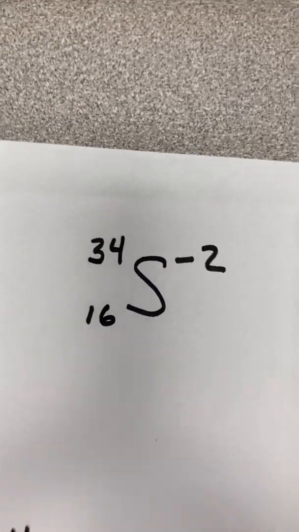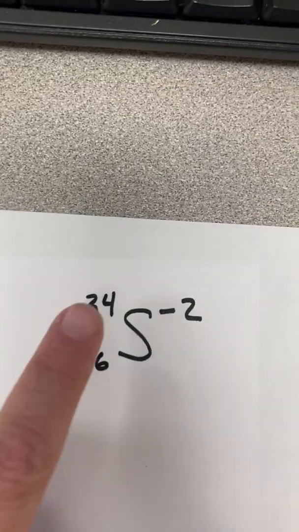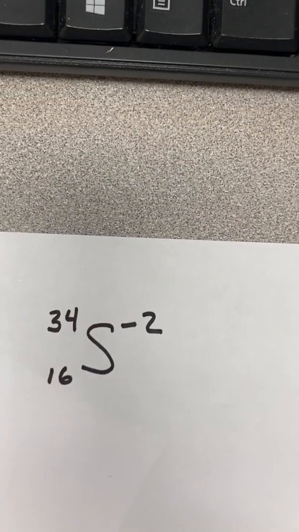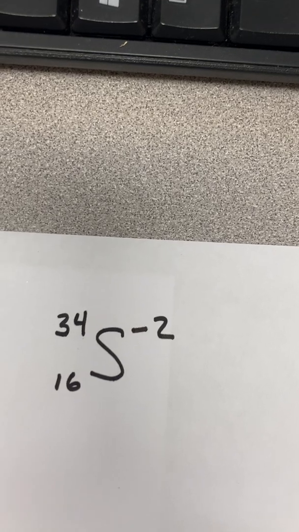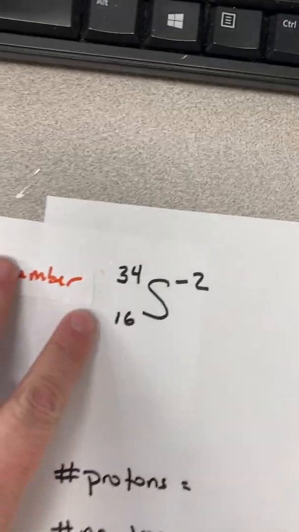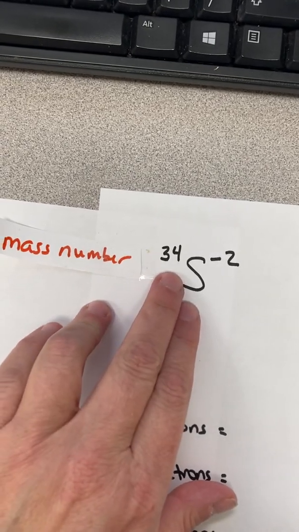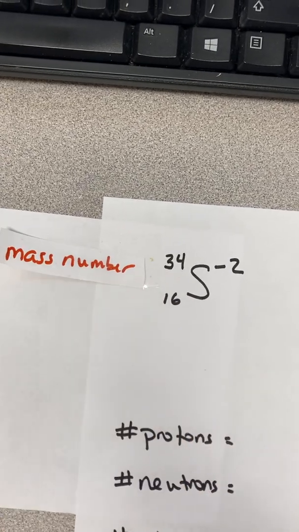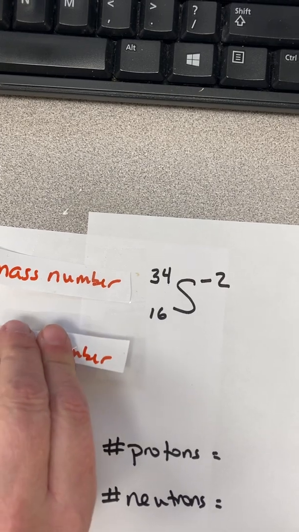So what do these numbers mean? Okay, this number at the top, the 34, is always going to be what's called the mass number. So let's put this down so we can remember that. That number at the top is always the mass number. The number at the bottom is always going to be our atomic number.